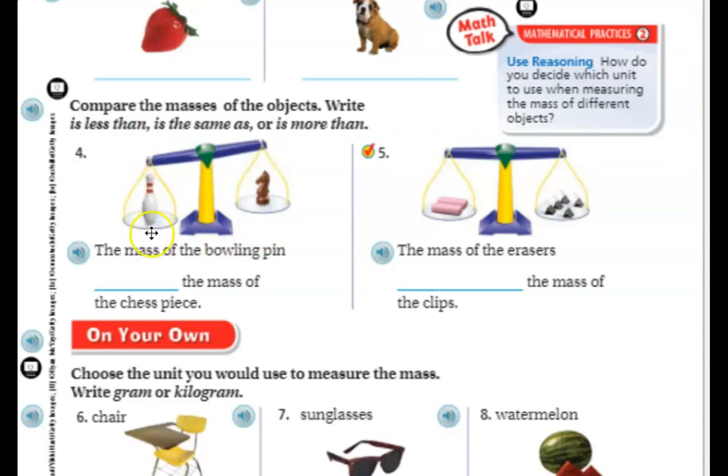Is it the same as the mass of the chess piece? Or is the mass of the bowling pin more than the mass of the chess piece? So you have to look at this arm right here. This arm, if it's even and they are equal, it would have the exact same.